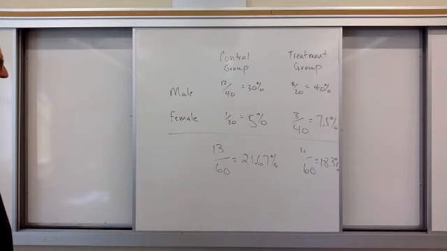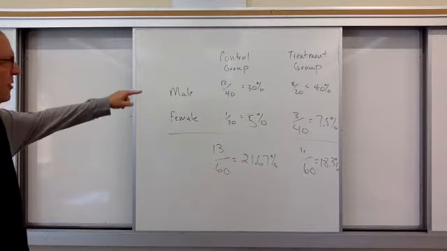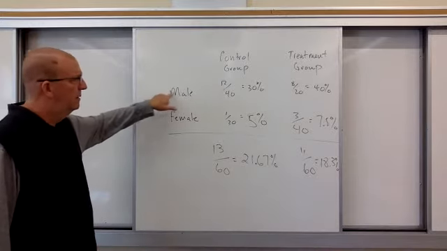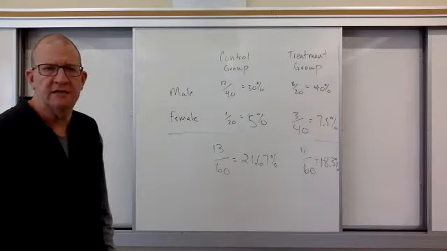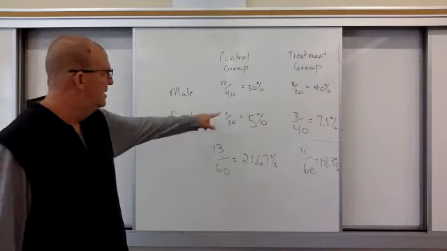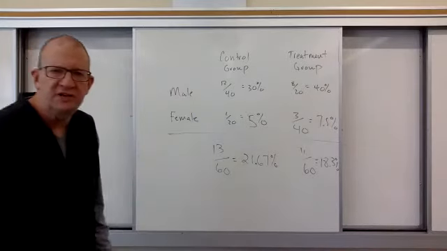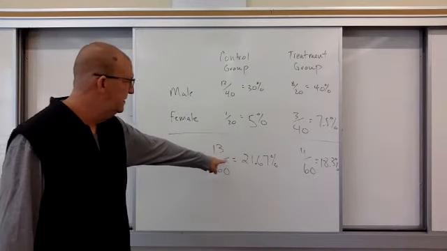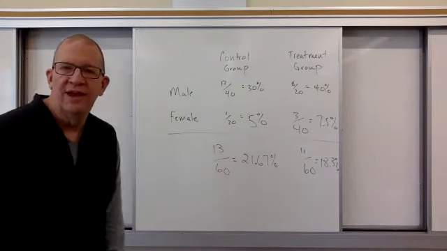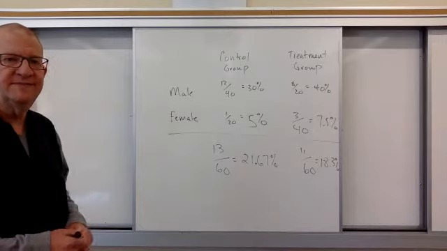What would you say? For the males, the treatment group had a higher percentage of heart attacks. For the females, the treatment group had a higher percentage of heart attacks. But in the totals, the control group had a higher percentage of heart attacks.